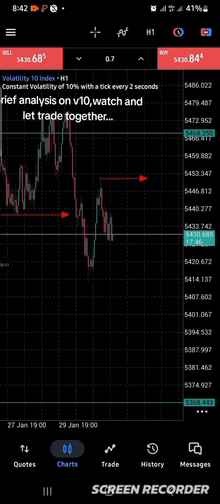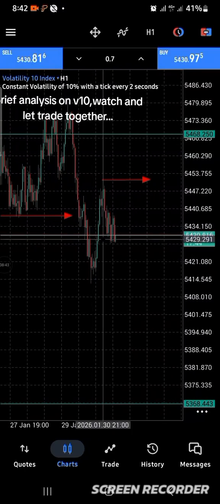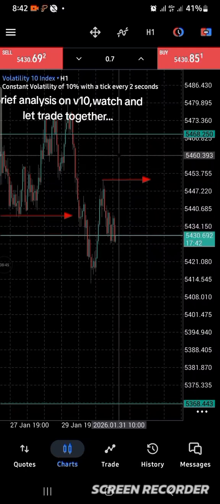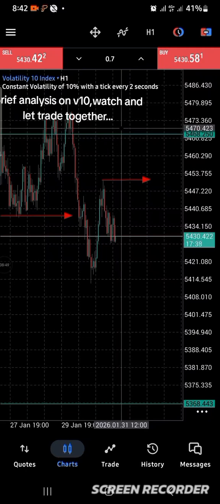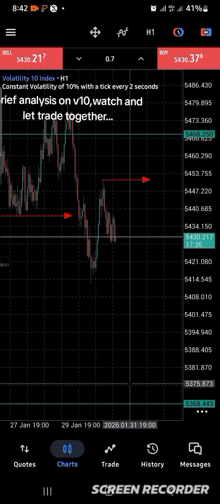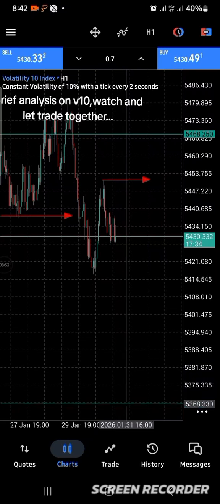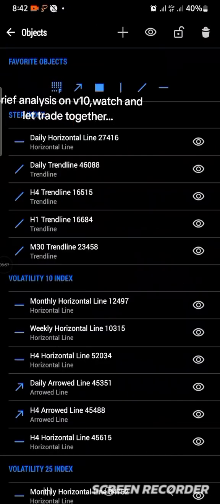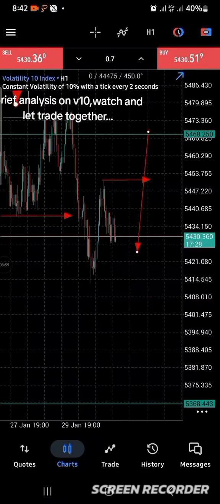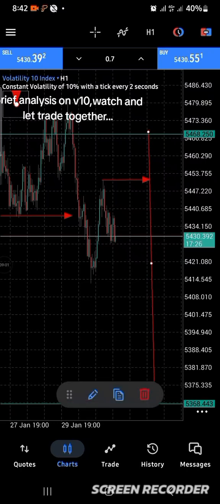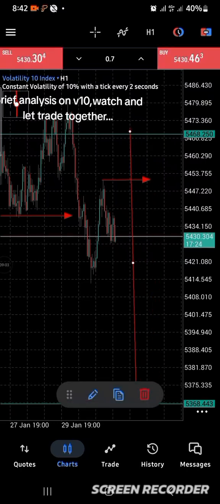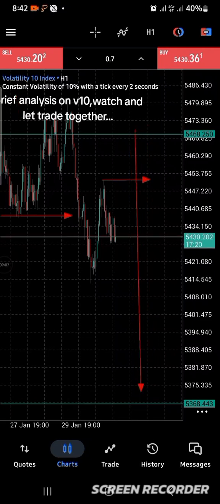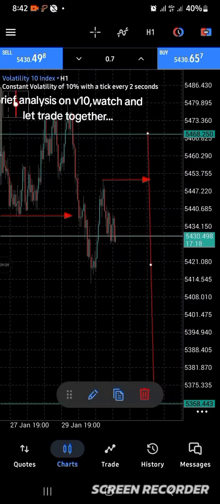I will actually wait for the market to push up here, then I'll be selling down to this particular zone. You know it's going to be a short trade, obviously. So this is what I'm actually looking at: the market bouncing here and then coming down to this zone.